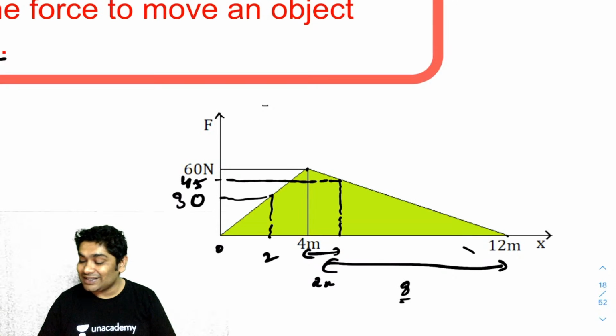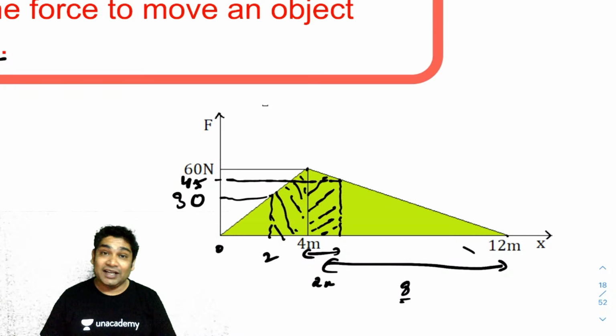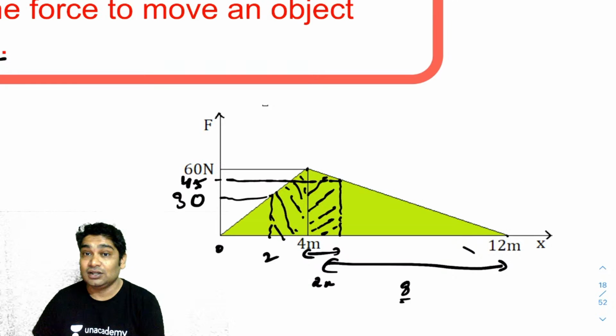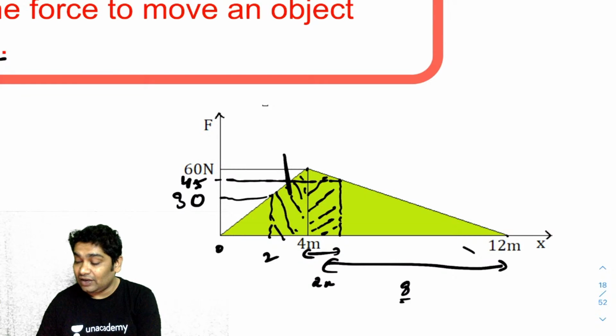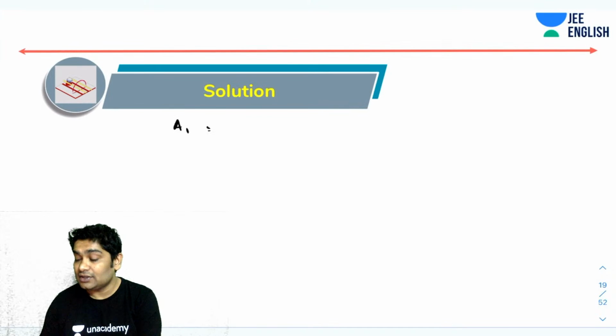Okay, so now this is a parallelogram, or sorry, trapezium. This is another trapezium. You can find the areas of both these trapeziums. The area of a trapezium is half the sum of parallel sides into the distance between them, and that is how you will get your answer. If I call this area A1 and this area A2, then A1 is half the sum of parallel sides, which is 30 plus 60, into the distance between them, which is 2, so this is 90.